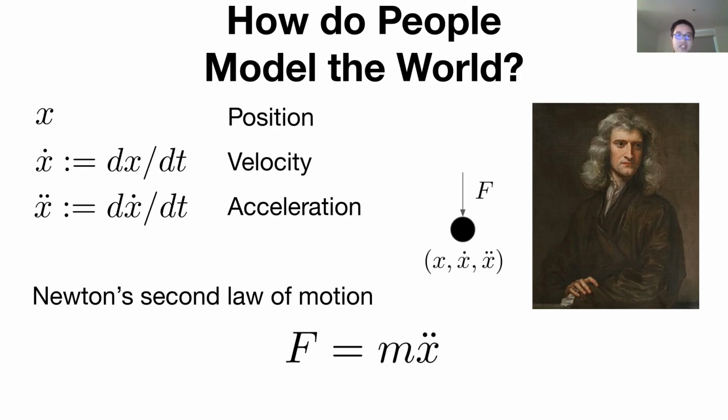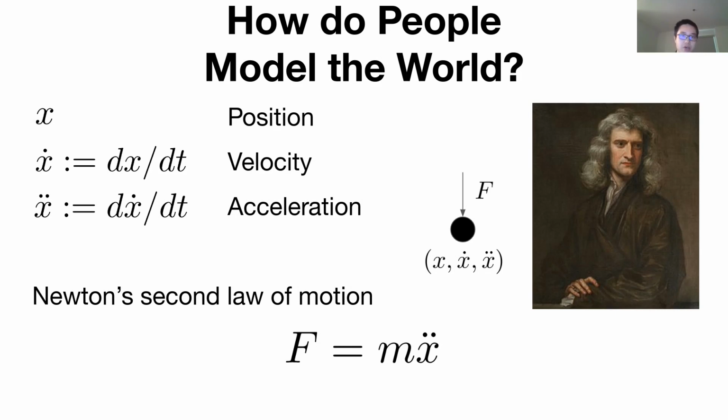If we let x be its position, and we use the dot notation to represent the time derivative, so x dot is its velocity, and x double dot is the acceleration. Newton's second law states that force acted on the object equals its mass times acceleration.